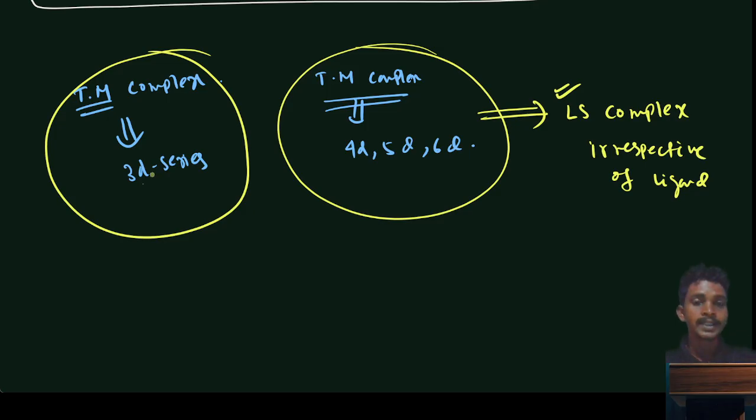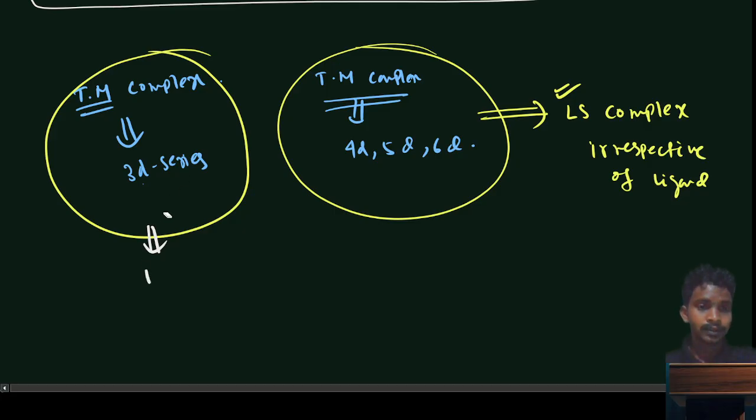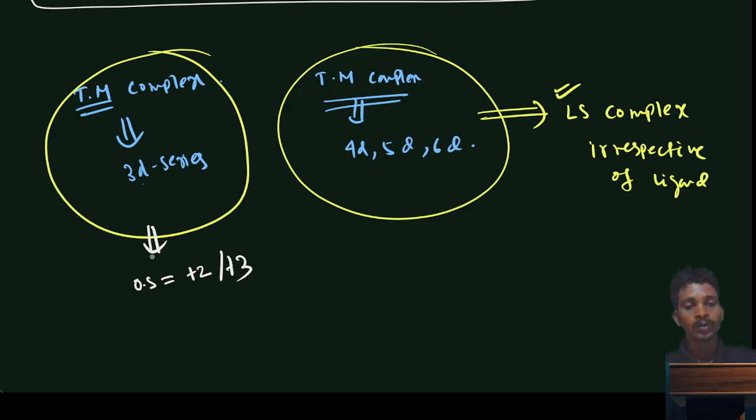But for 3D series complexes, the oxidation state has to be +2 or +3. Then we will look.